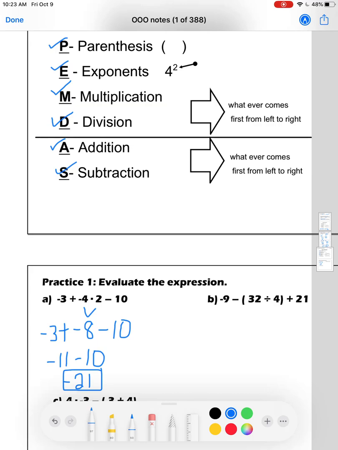Looking at B. We have negative 9 minus (32 divided by 4) plus 21. So we're going to do parentheses first, which is 32 divided by 4, so that gives us 8. Bring down everything you did not use.